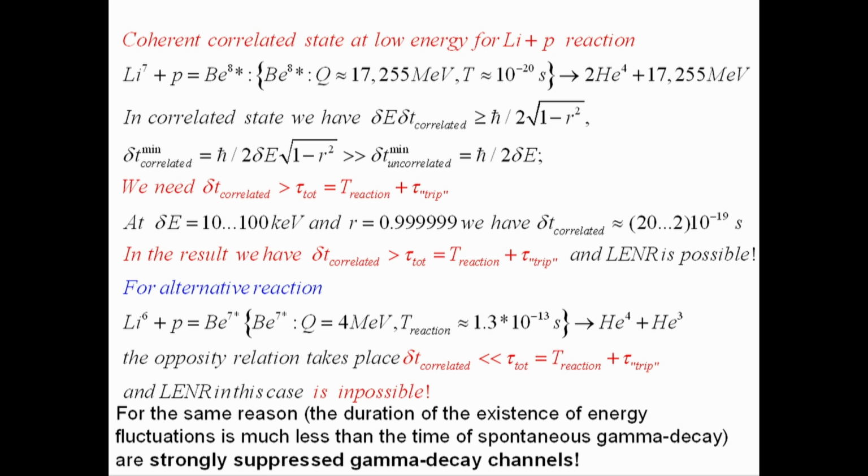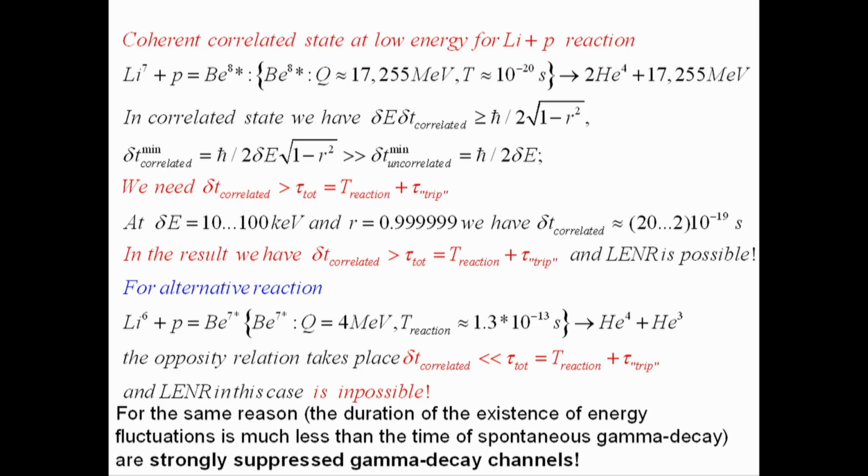The same is the variant of why radioactive isotopes are absent, for the same reason. What is a radioactive isotope? It is an excited compound nucleus that lives for a long time. But since it lives for a long time, it cannot return the energy fluctuation that is necessary for the formation of such a state. The same reason explains the very strong suppression of gamma radiation.